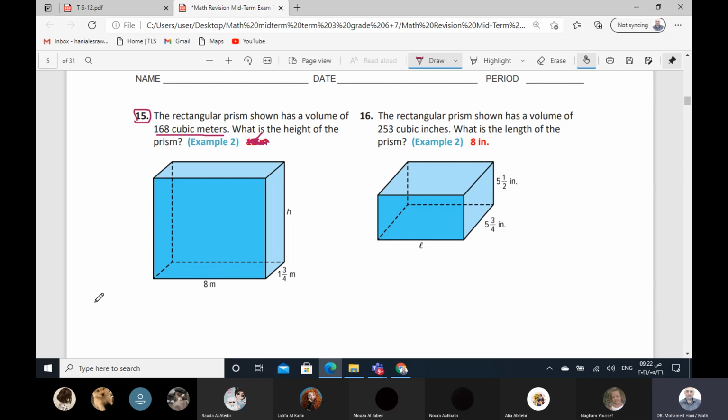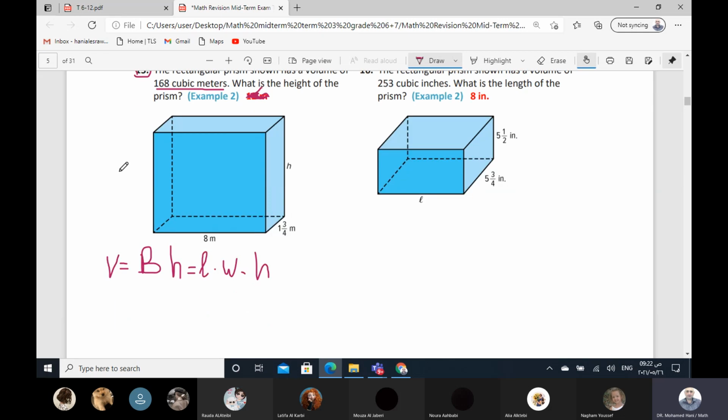Okay, check with me, please. Start from the rule. The volume of the prism is the base of the rectangular prism times the height, or we can use the formula length times width times height, the same idea.